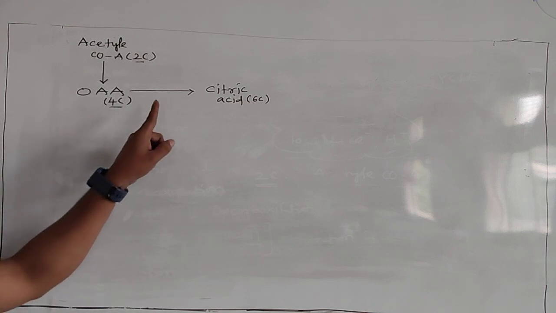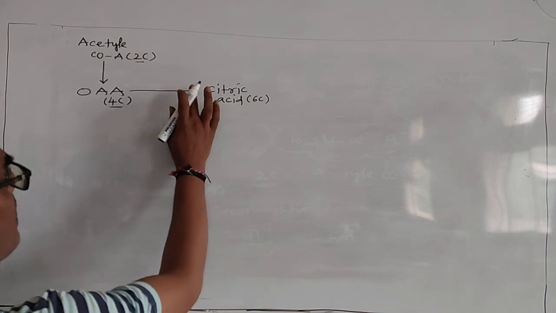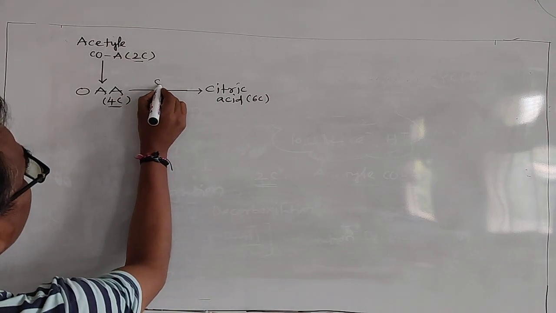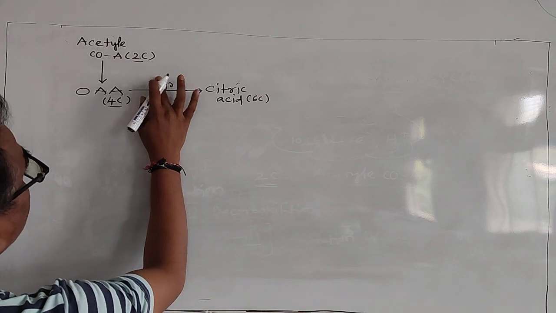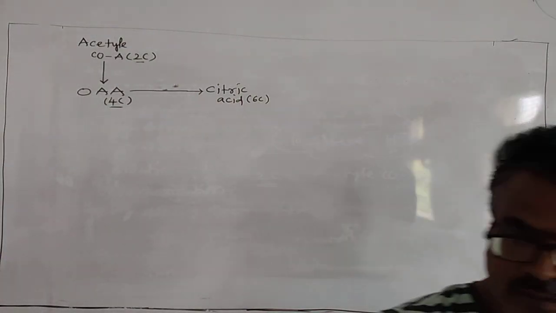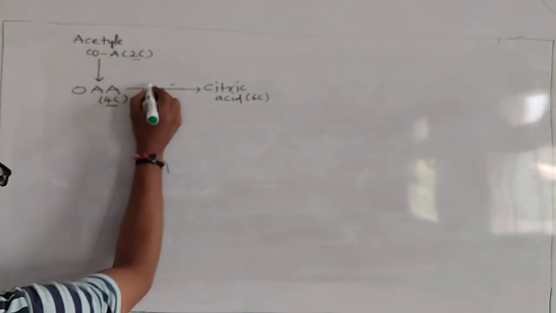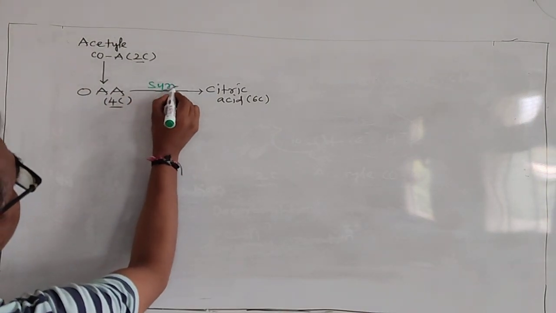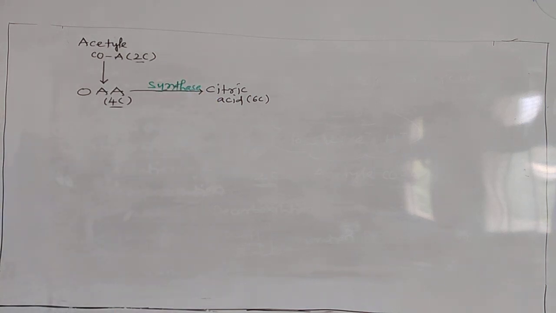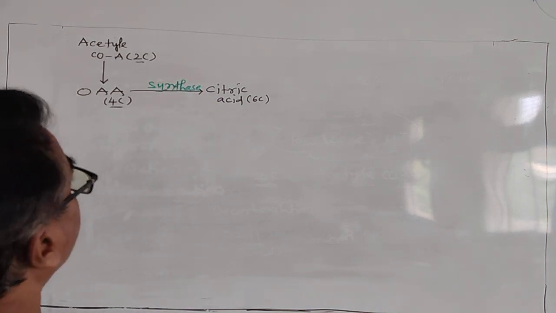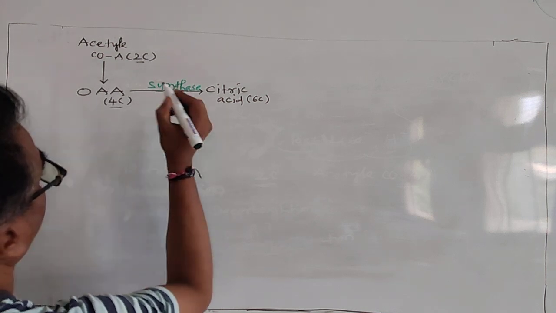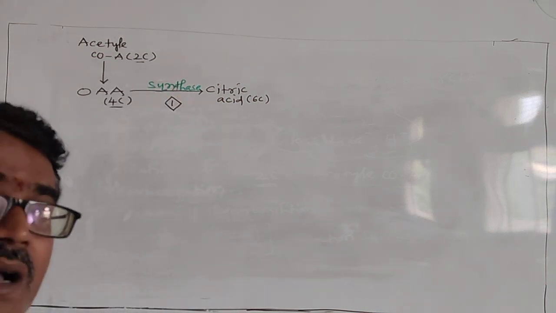In this step, one enzyme is required, known as the synthase enzyme. This is the first step in the Krebs cycle.